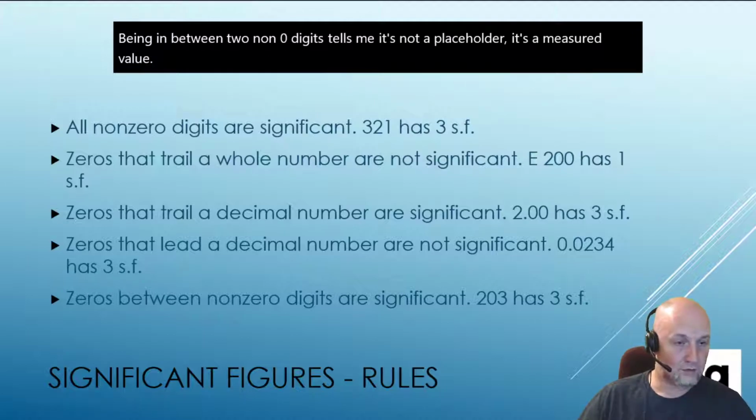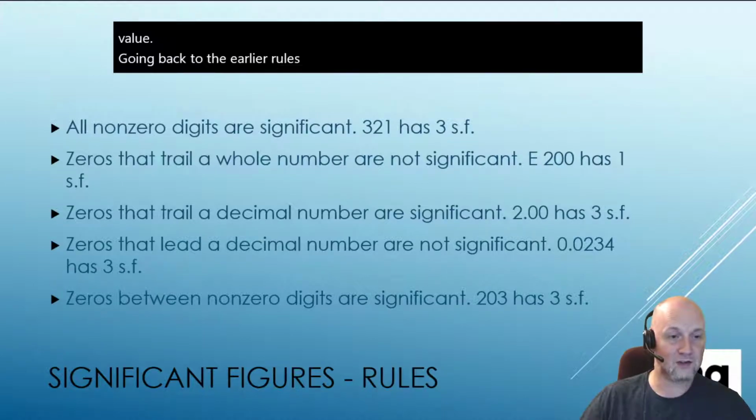Going back to the earlier rules for a second, zeros that trail a decimal number are significant.